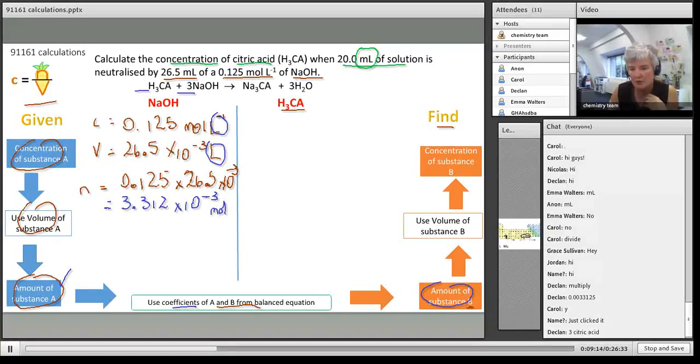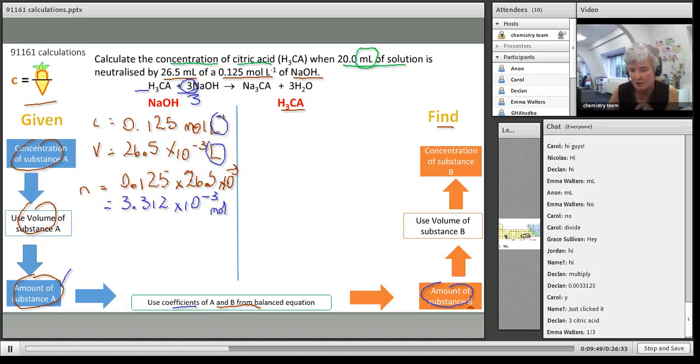So, okay, not quite. Because 1 citric acid needs 3 sodium hydroxides, if I have 1 sodium hydroxide, I only need 1/3 citric acid. So if I'm trying to put a 1 in front of the sodium hydroxide, can you see I have to divide that 3 by 3 to get a 1 in front of the sodium hydroxide?